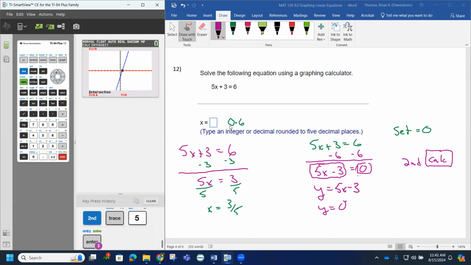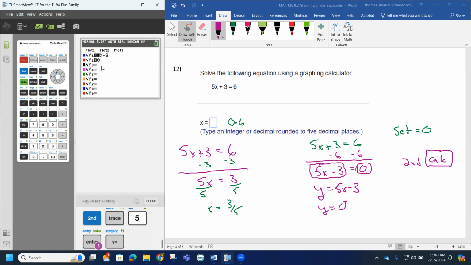So we actually can use the graphing calculator. And one of the easiest ways to do it is just set the equation equal to 0, and then graph those two equations. And then where they intersect, that x value is the solution to the equation.